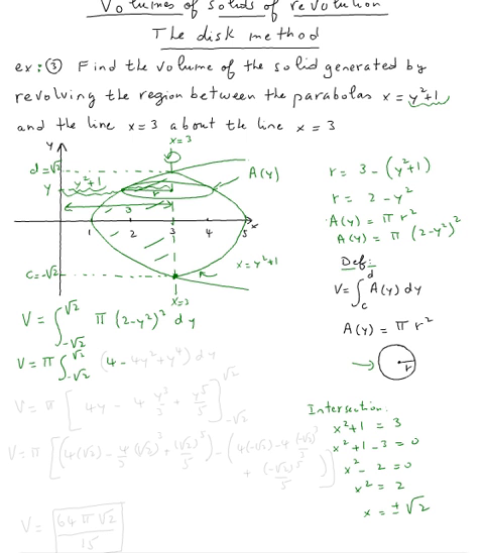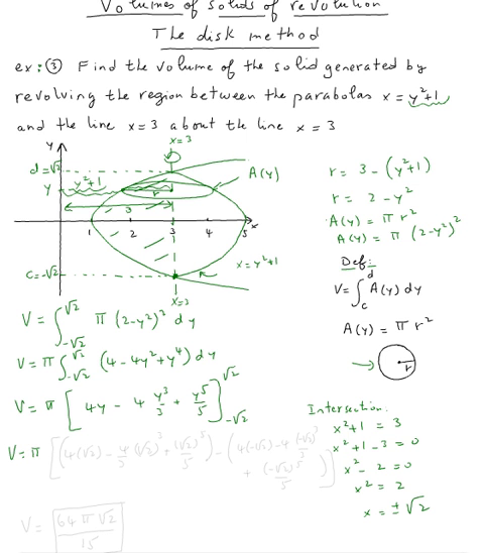If you FOIL it, you get 4 minus 4y squared plus y to the 4th dy. So the volume is equal to pi, and then we need to find the antiderivative. 4 is a constant, so it's 4y minus 4 times the integral of y squared, which is y cubed over 3, plus y to the 5th over 5, and I want this between negative square root of 2 and square root of 2.